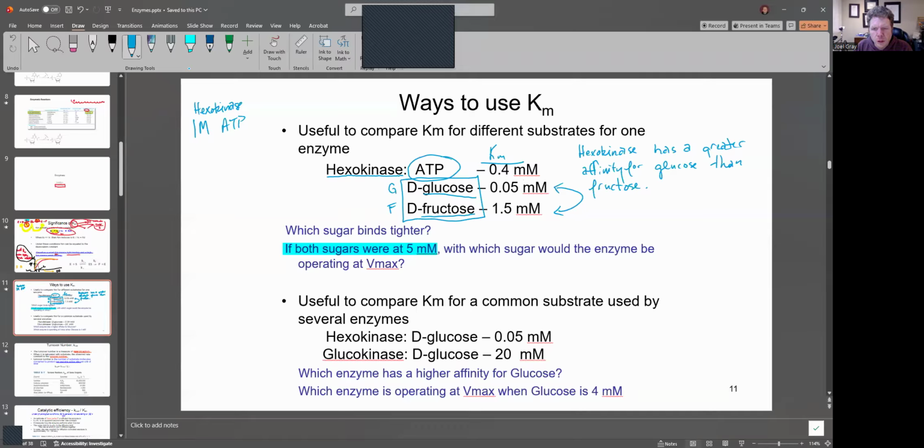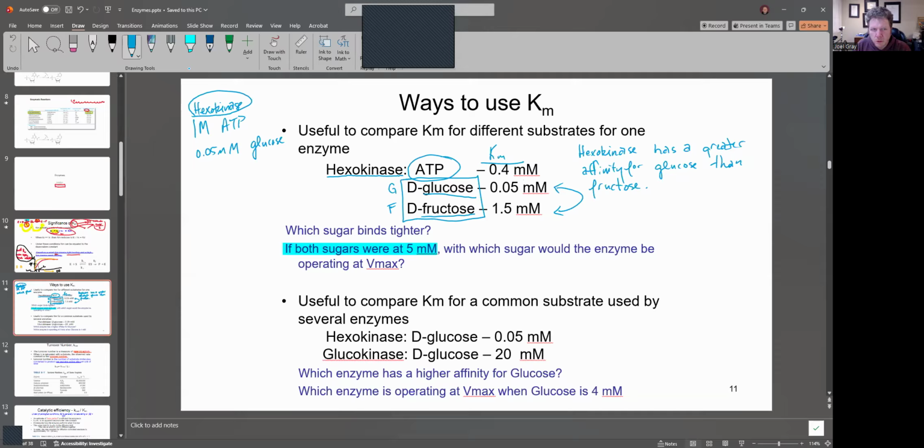And then you give it 0.05 millimolar glucose. Okay, so let's think about what this means. What does the Km mean? So Km is a measure of affinity, sure, but more than that, it's our way of thinking about, well, how fast is our reaction being catalyzed?